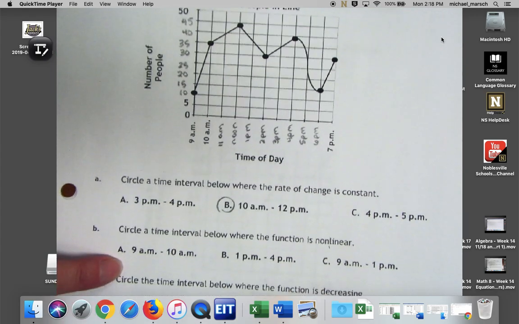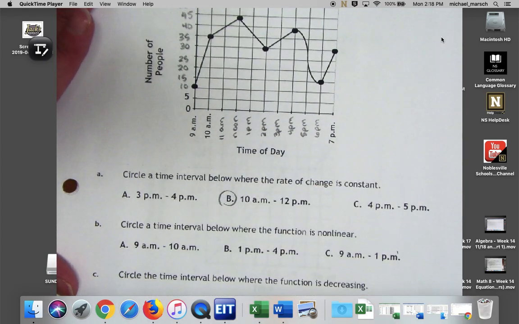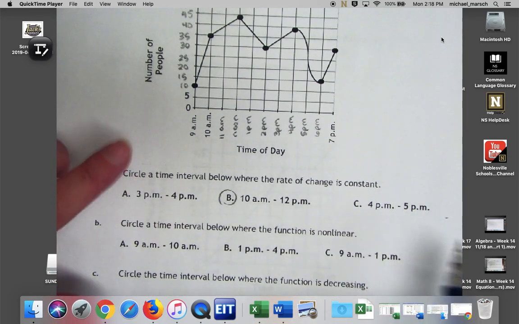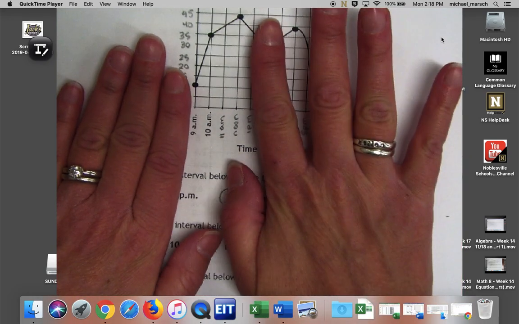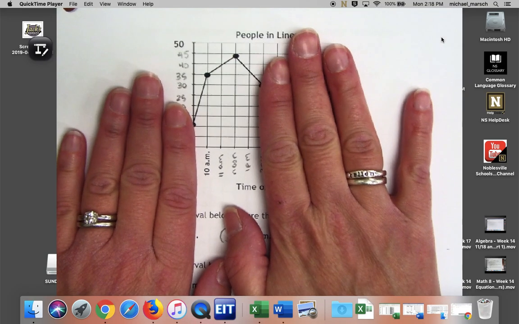How about where the function is nonlinear? 1 to 4. So if I look at 9 to 1, what's happening here? Is that linear?